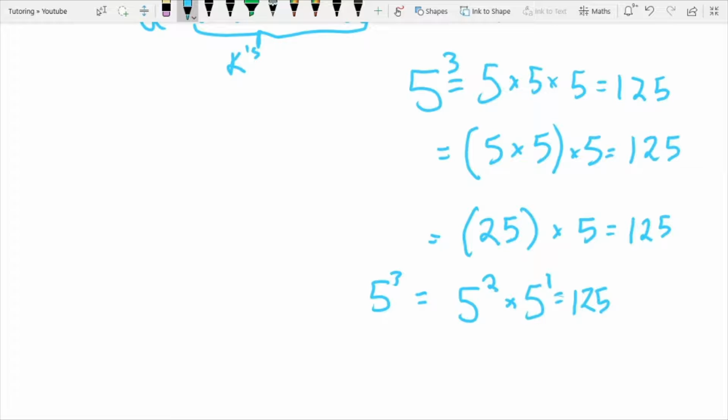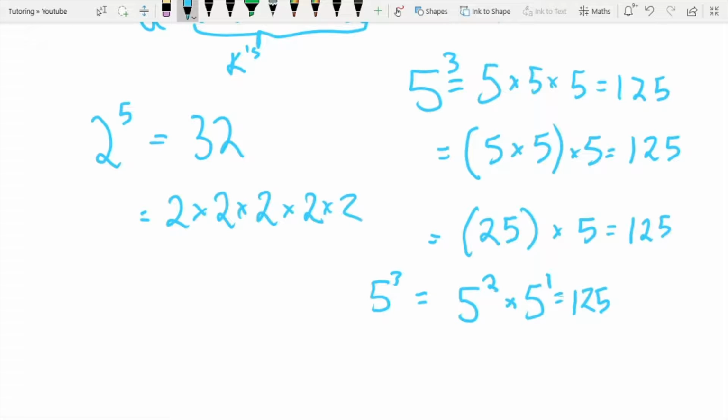Say we had, for example, I'll do another example. So we had 2 to the 5, which is equal to 32. That took me a while. Well, we can say 32 is equal to 2 times 2 times 2 times 2 times 2.